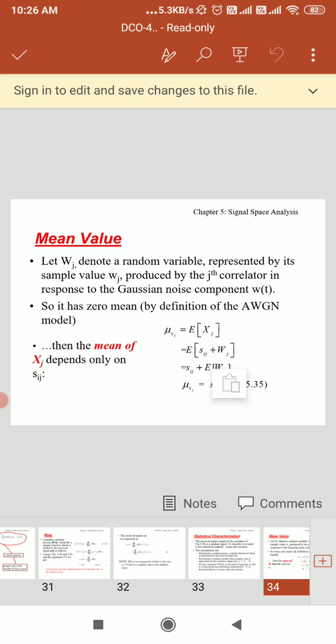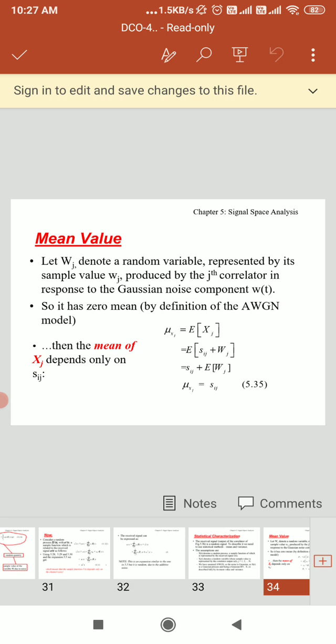Then the mean of xj will depend only on Sij. So here you can take mu xj equal to E of xj, that is nothing but the mean. The mean of xj will depend only on Sij, the scalar coefficient. If we write xj equal to Sij plus wj, it depends on the scalar coefficient and the white noise, that is the AWGN noise with 0 mean.